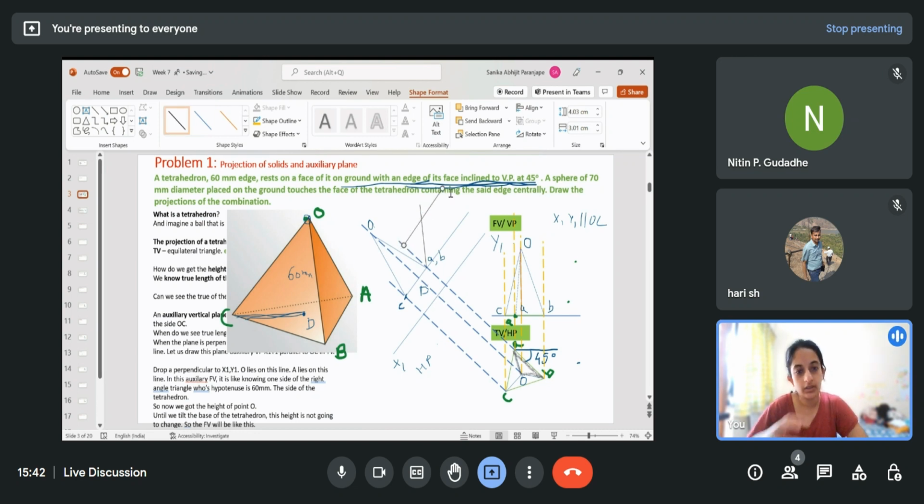So the center of the sphere, as we can see in this view, where we can see the true angle between the horizontal plane and angle OAB, lies on the angle bisector of this angle, and it lies 35 mm above. So I will get the center of the sphere as this point.